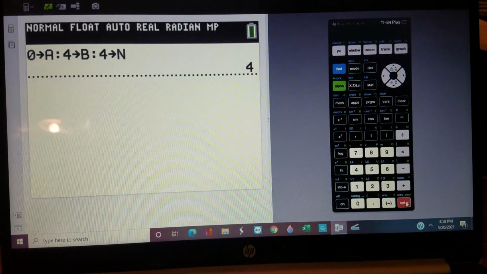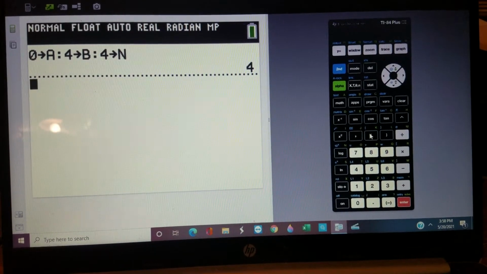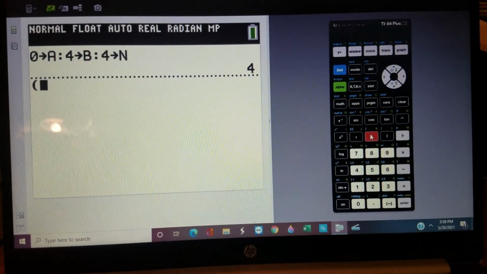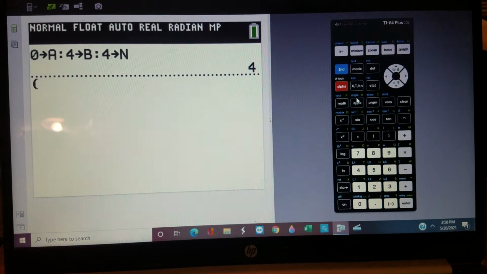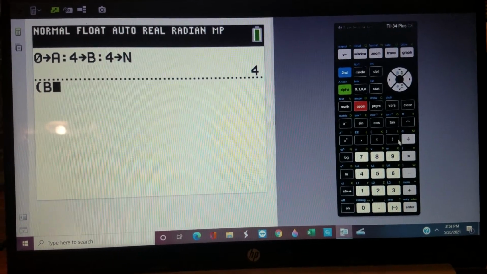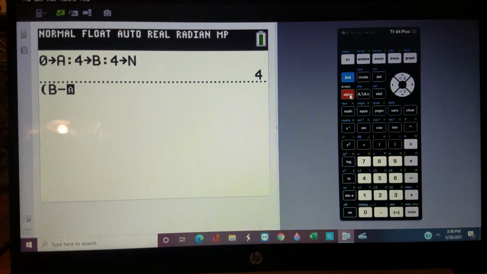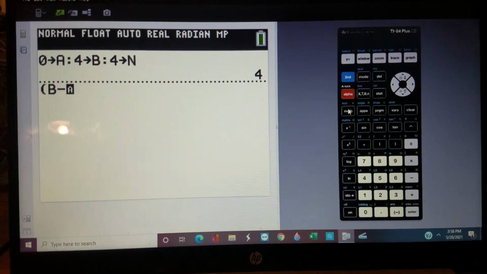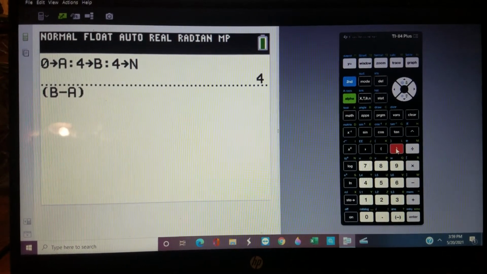Okay. The next thing I want to do is to calculate my step. And we do that by going alpha B, my right boundary, minus my left boundary. Make sure I include the parens.